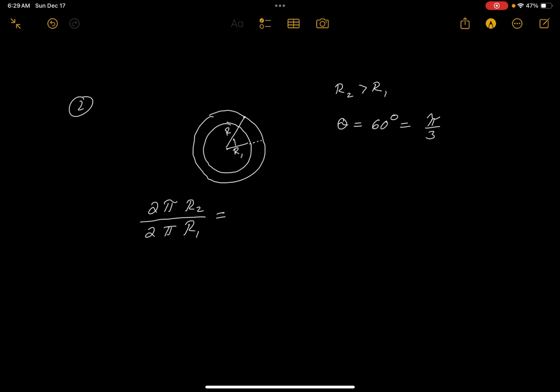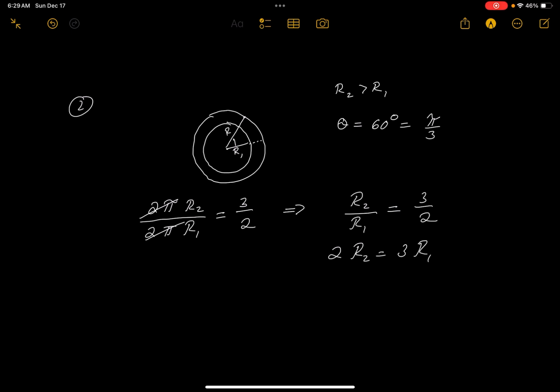Perimeter is the circumference, and they claim it's in a ratio of 2 to 3. So 3 is the big circle and 2 is the small one. So R2 over R1 is in a ratio of 3 over 2, which means 2 R2 is equal to 3 R1.